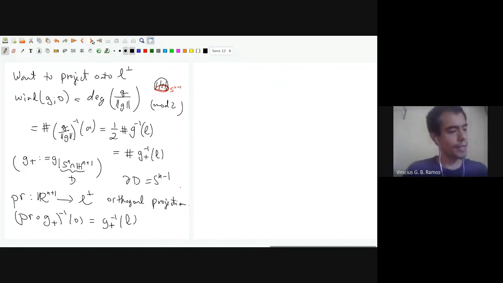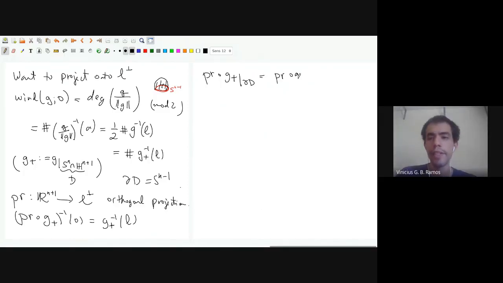Because this projection composed with G plus, if you restrict it to the boundary of D, is just the projection restricted to G, restricted to this equator. And that's a map from Sn minus 1 to L perp, which is basically isomorphic to Rn, but it doesn't hit 0.